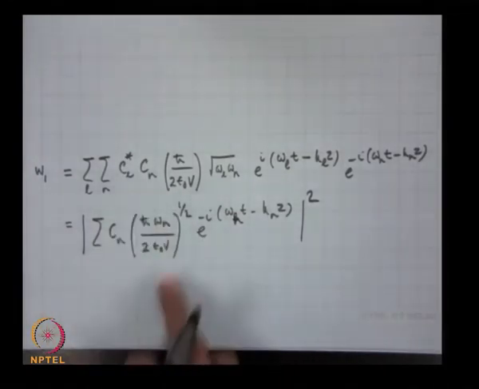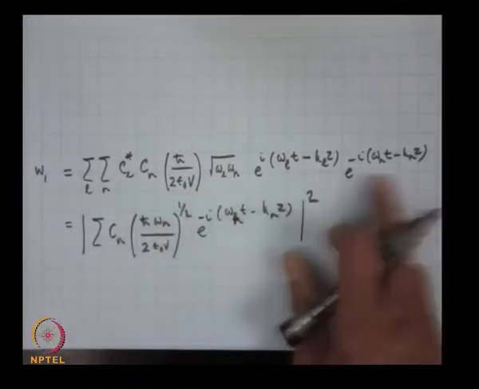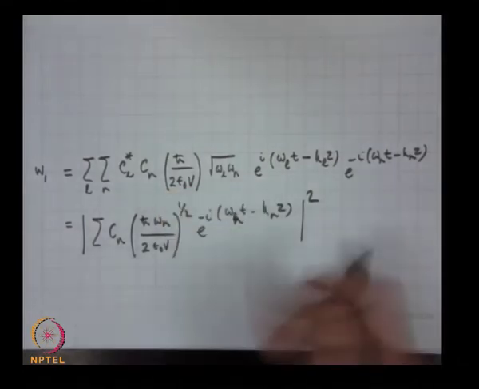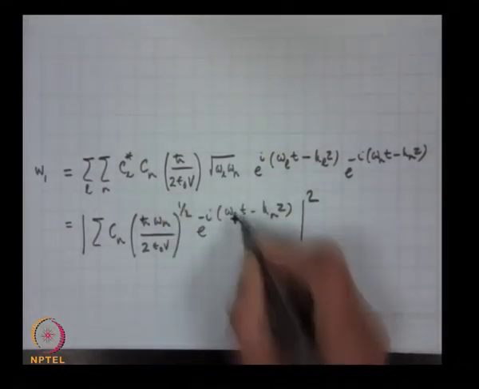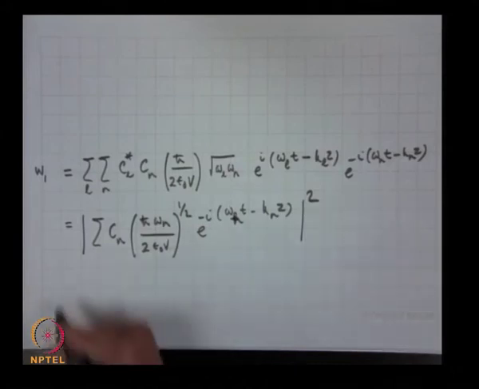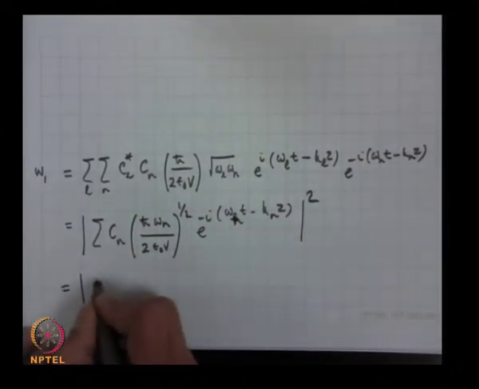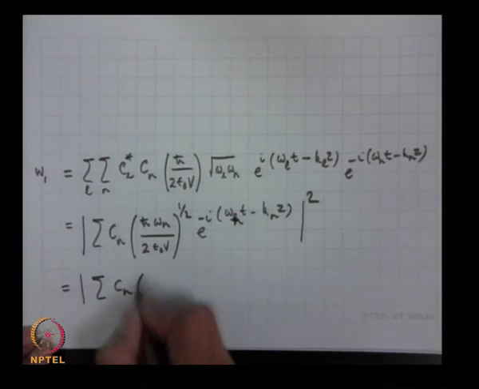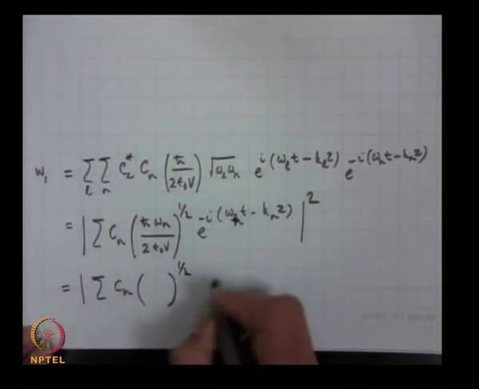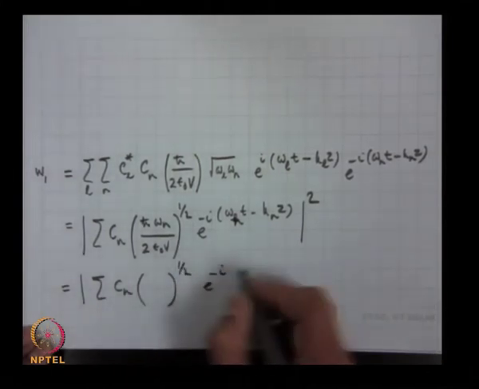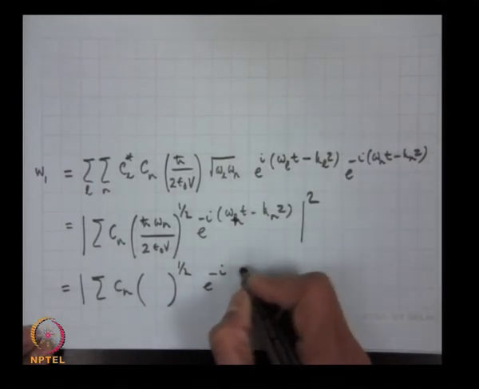c_l and c_l star, square of this, and then you have two exponentials which are complex conjugate. This is actually the mod square of this, which I can write as raised to the power half, exponential minus i k_n.